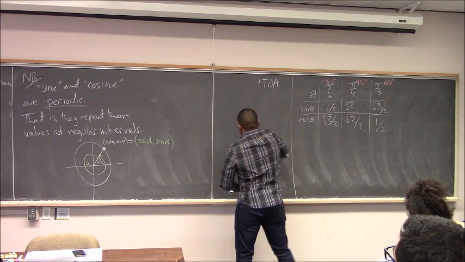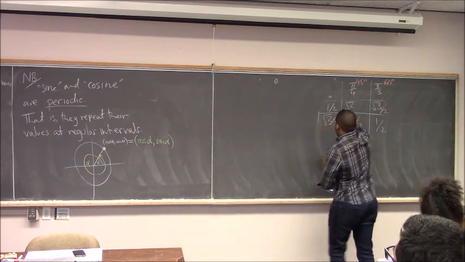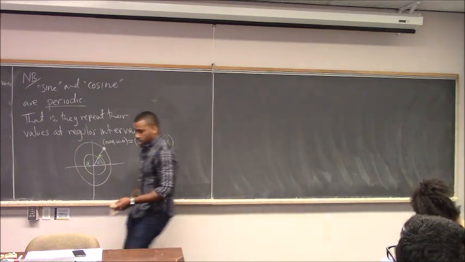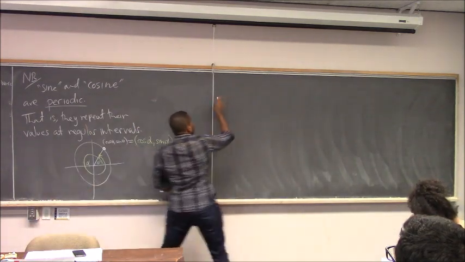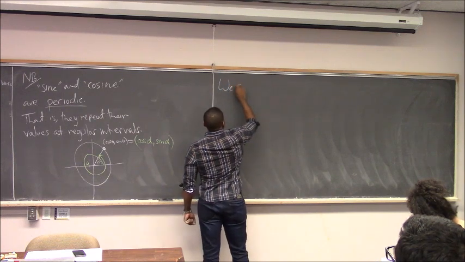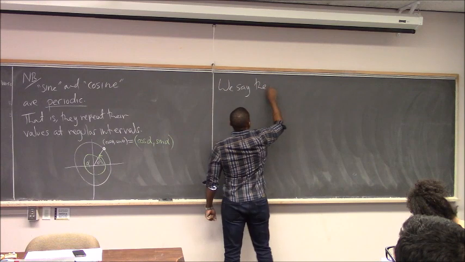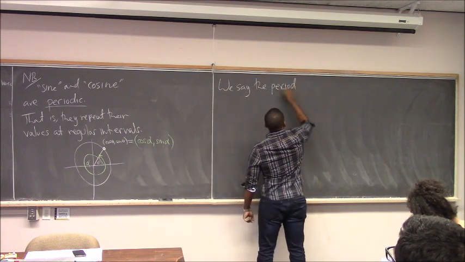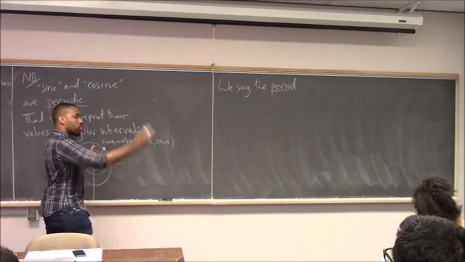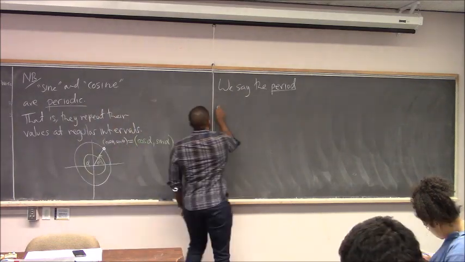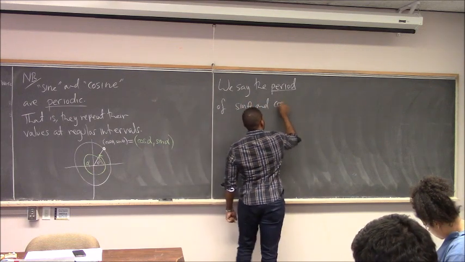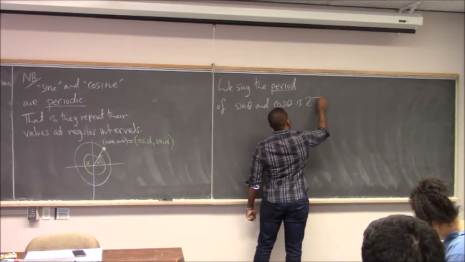So in general, we say the period, that's the length of the interval that you need to go before you start repeating values of sine theta and cosine theta, is 2 pi.